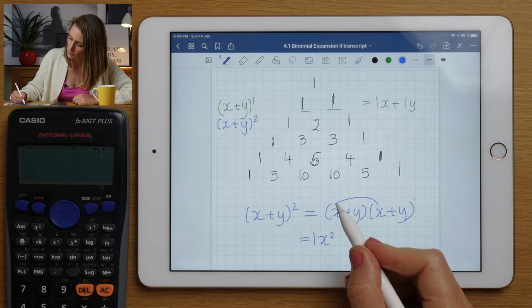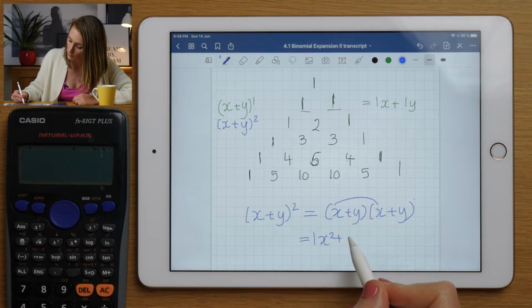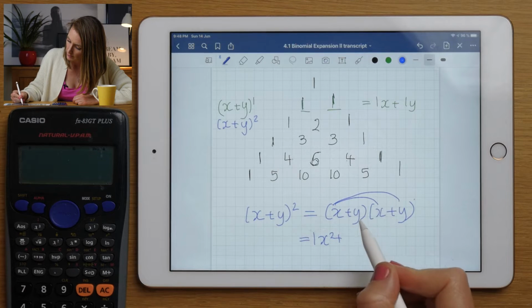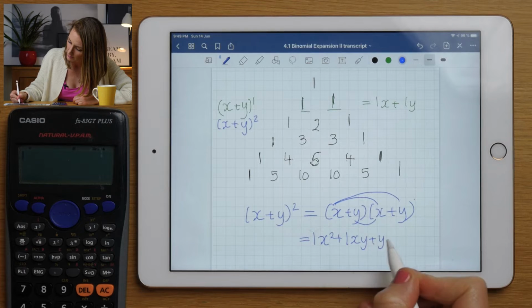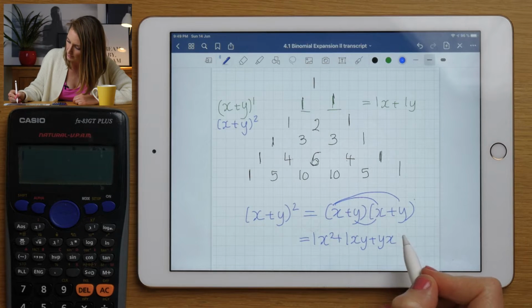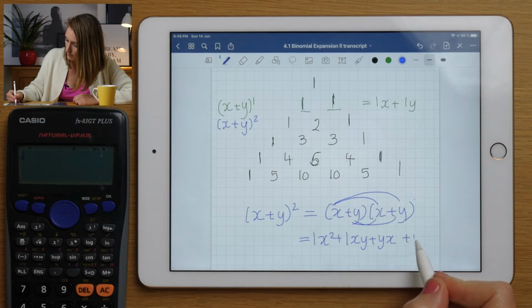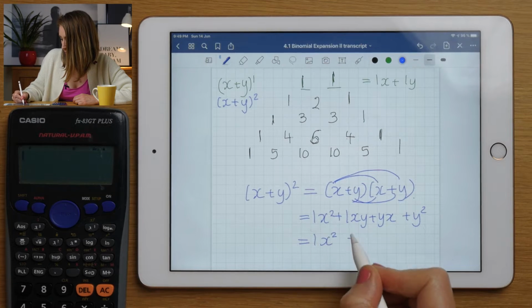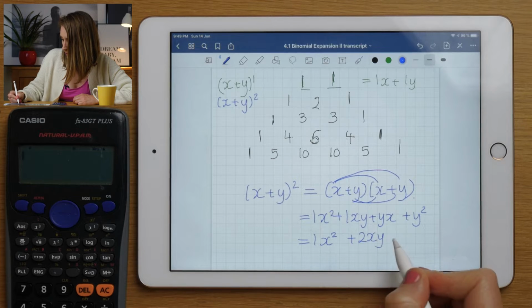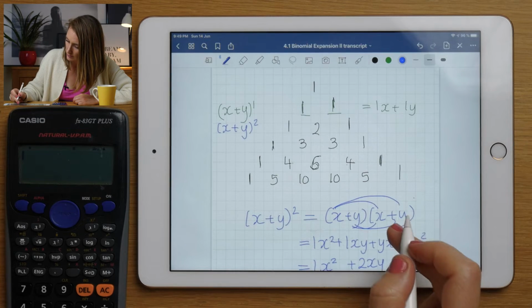And then we go to x power 1, y power 1, so you would get that from there, 1xy plus, those two terms could be added together, and plus y squared. So this would end up being 1x squared plus 2xy plus y squared.